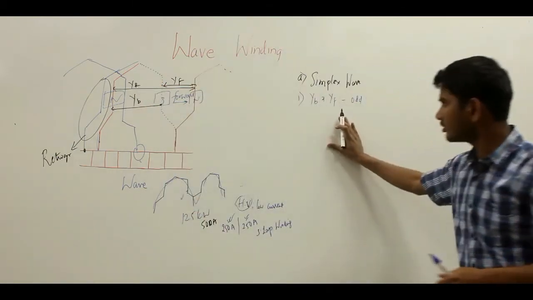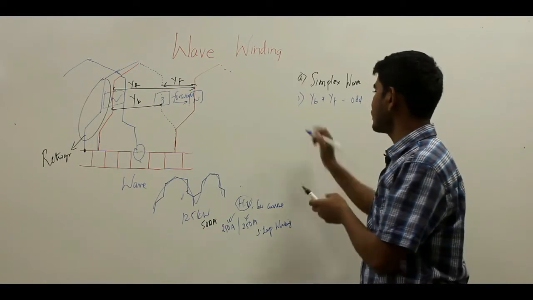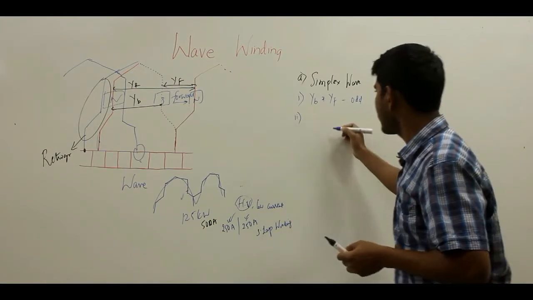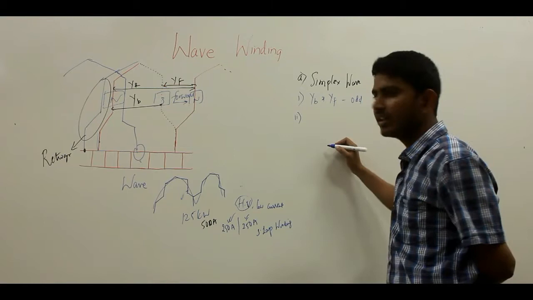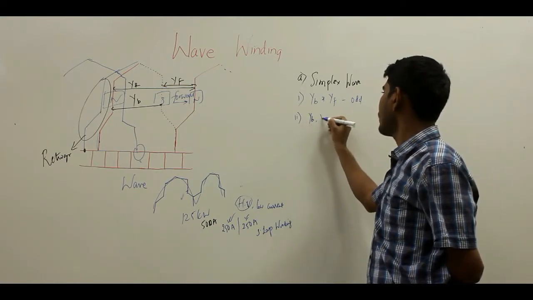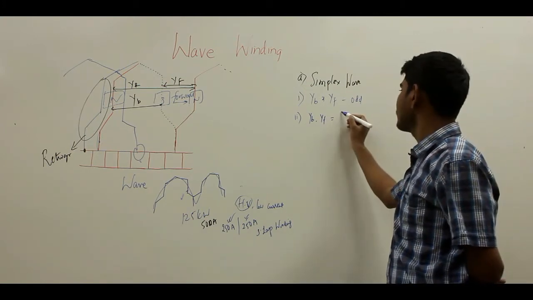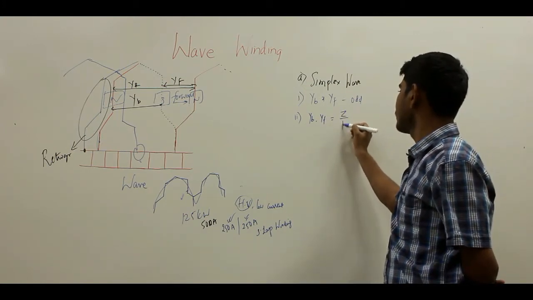So the first point is that the back pitch and the front pitch must be odd, and the second point is that the back pitch and the front pitch must be nearly equal to the pole pitch. YB and YF must be nearly equal to the pole pitch, which is the total number of conductors per pole.